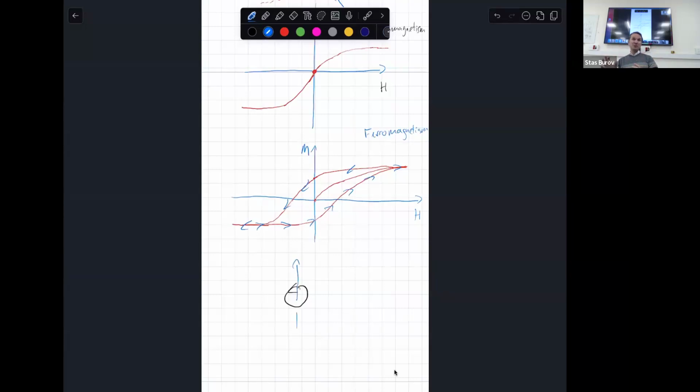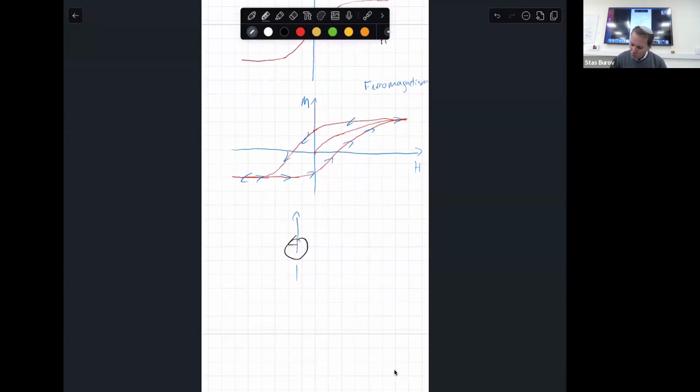Now, from a quantum mechanical perspective, you can say, well, I need spin and some Bohr magneton. So I can have specific spins of different particles, and the magnetic moment due to the spin is the Bohr magneton multiplied by the spin of the particle.